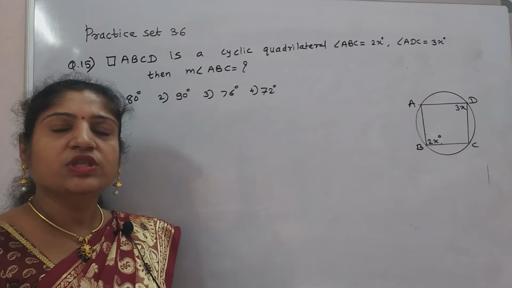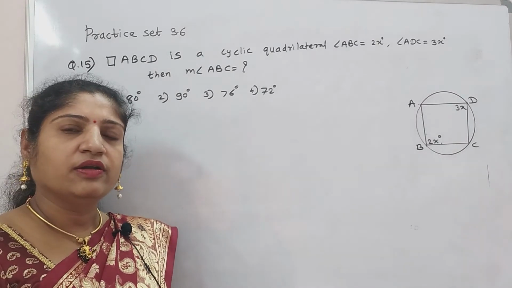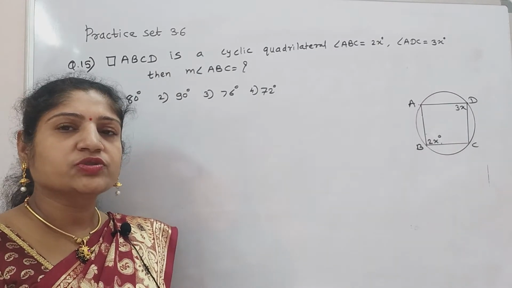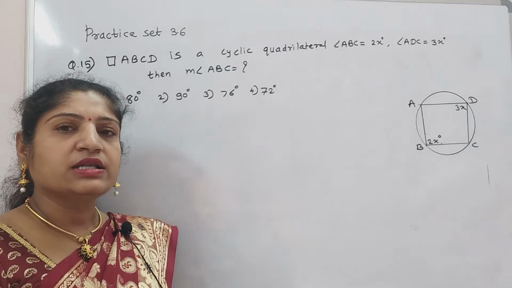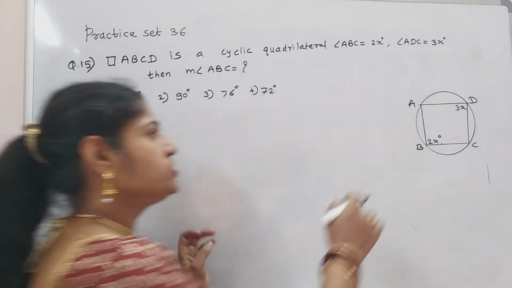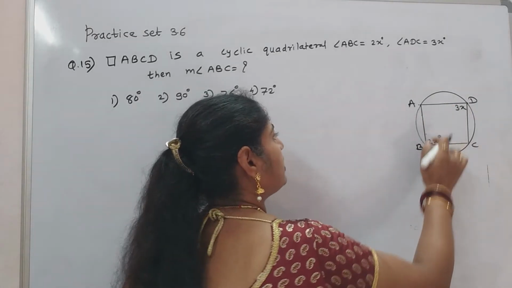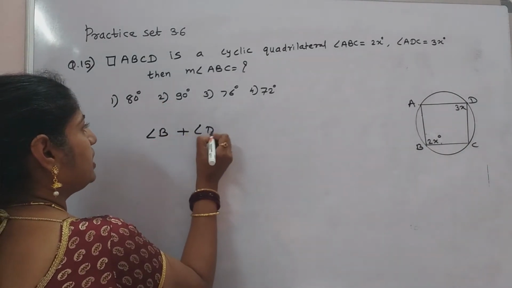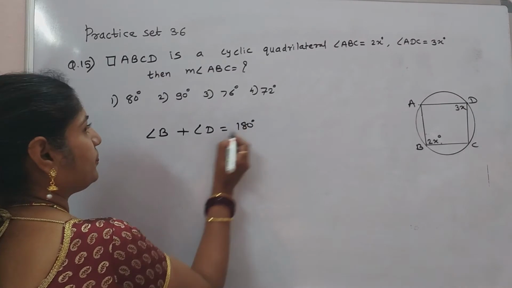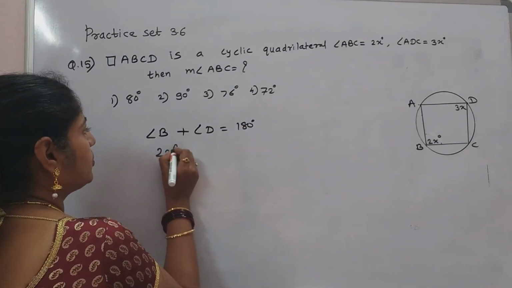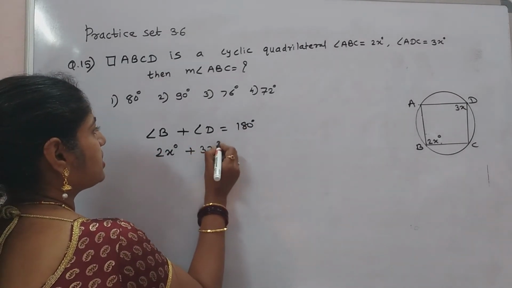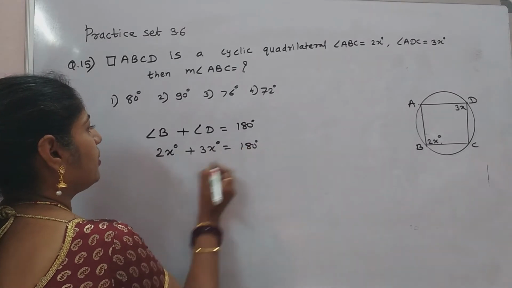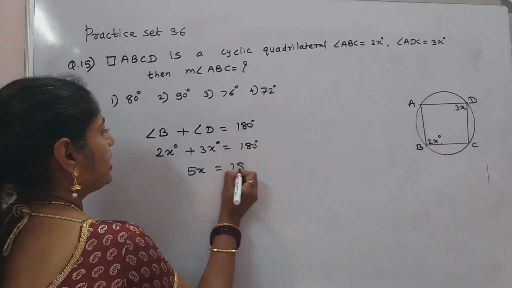Now, use the property of the cyclic quadrilateral. Opposite angles of cyclic quadrilateral are supplementary, means sum of the opposite angles is 180. Angle B plus angle D equal to 180. Put the values, 2x plus 3x equal to 180, 5x equal to 180.